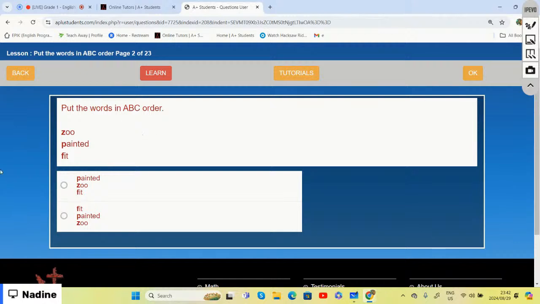All right. And if we were to put these words in order now, we have zoo, painted, fit. One of the words that is first would be fit, then painted, then zoo.